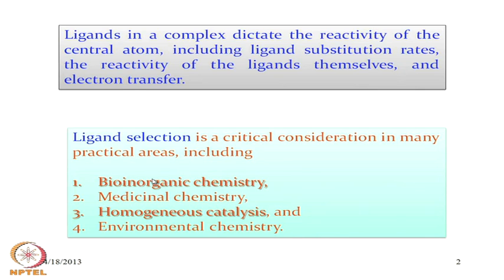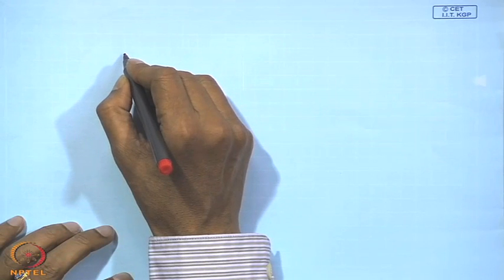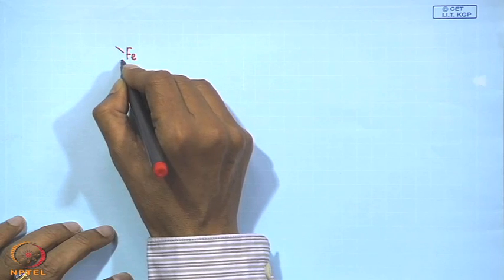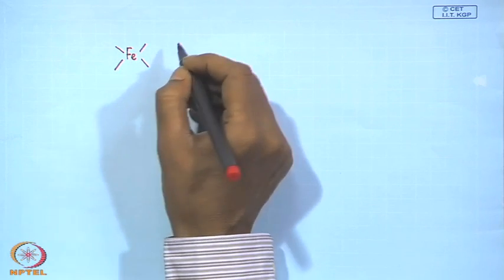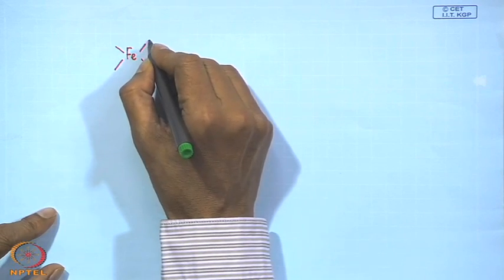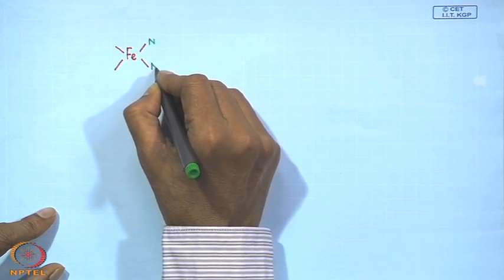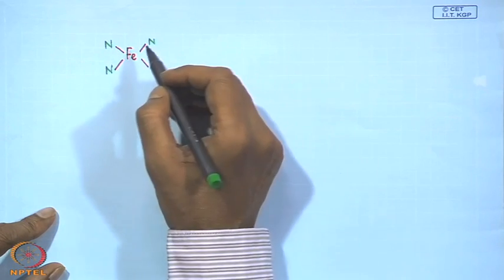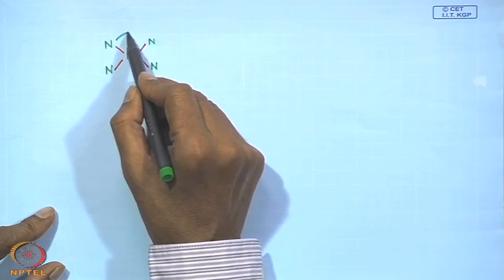In bioinorganic chemistry, we all know that iron is present in our blood, and this iron is bound to a porphyrin ligand, which is a different type of ligand. We will come to the classification of that ligand also.